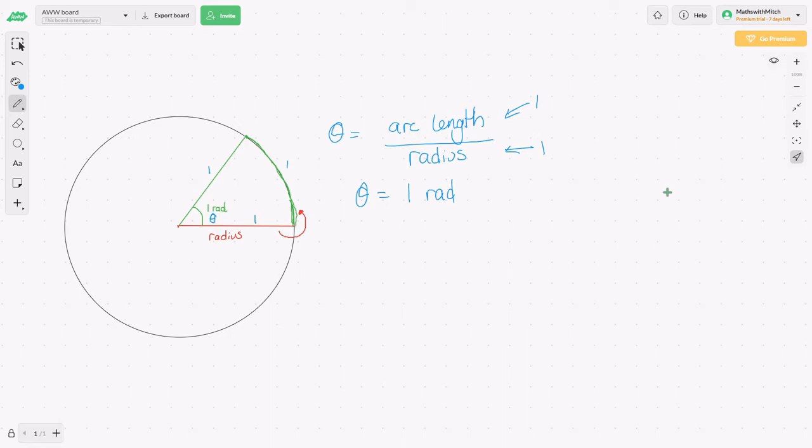However, what that means is if you were to do a much bigger angle, so let's say we're now over here and we were looking at this angle, the arc length would be much longer, because you're talking right round to this point, but the radius would still be the same.